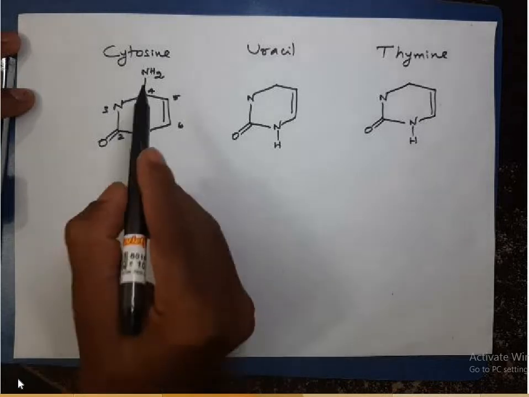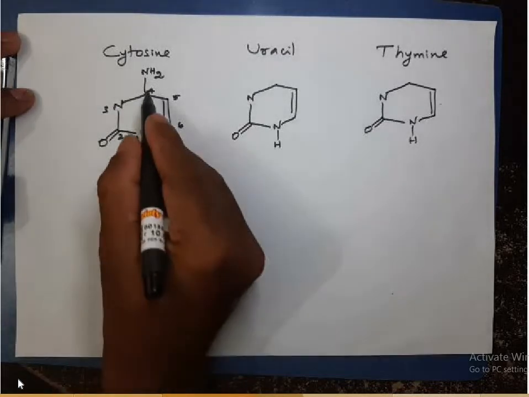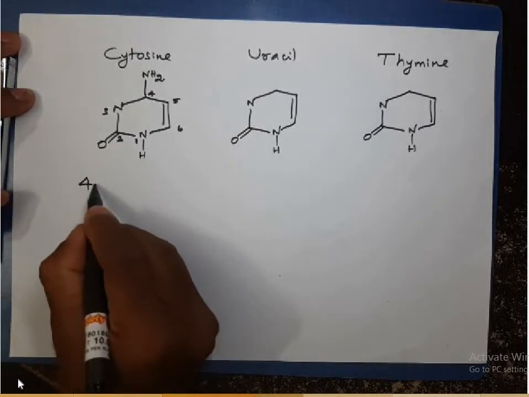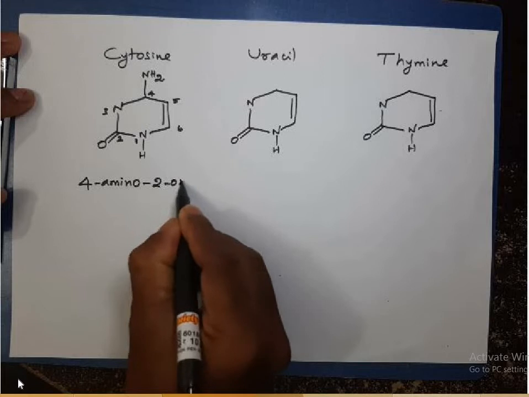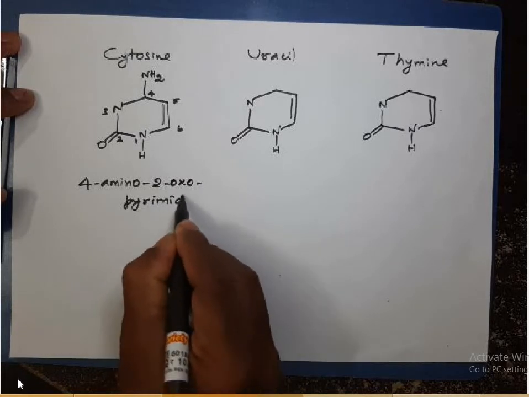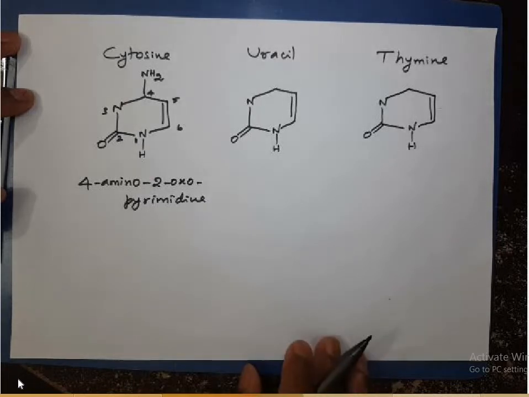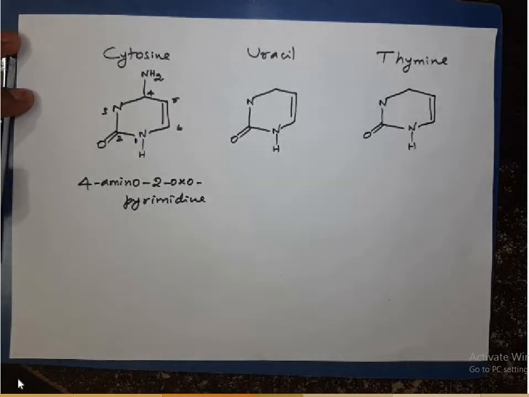What is this? This is called 4-amino 2-oxo pyrimidine. This is what we call cytosine.